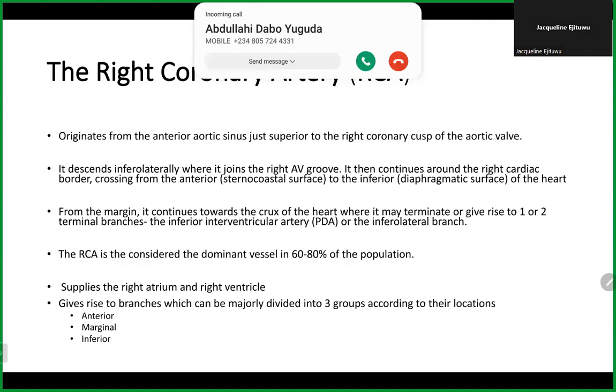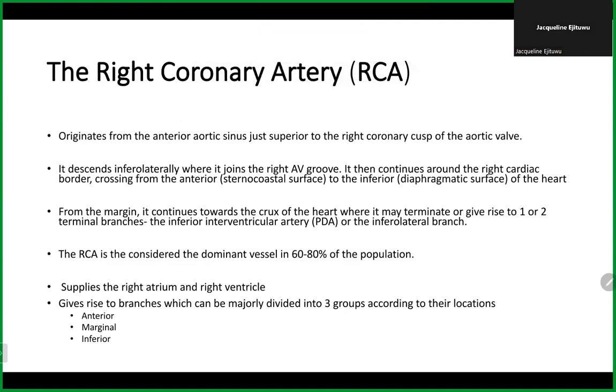It mainly supplies the right atrium and the right ventricle. The branches of the right coronary artery can be divided majorly into three groups according to their locations. We have the anterior, the marginal, and the inferior groups.